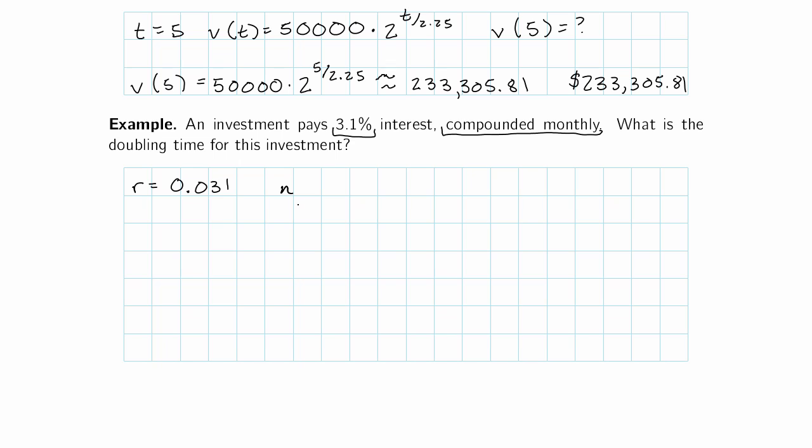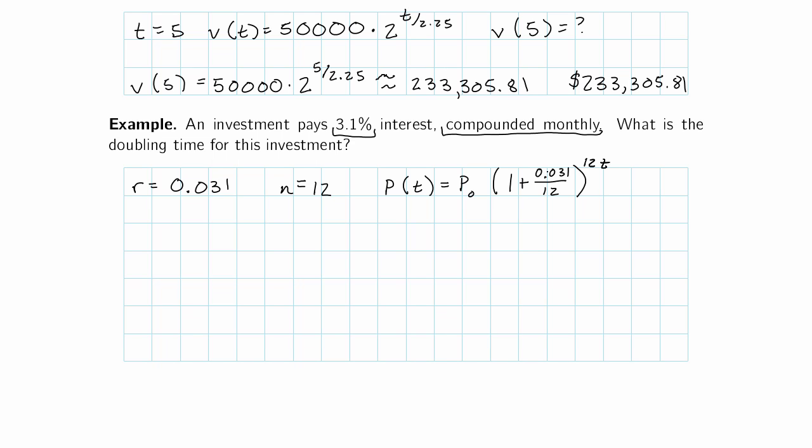And n, monthly, means 12 times per year. Using the compound interest formula, the value at time t is the starting value times 1 plus 0.031 over 12 to the 12t.